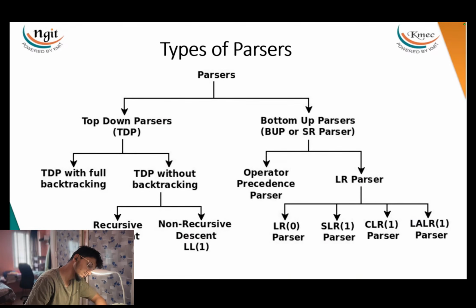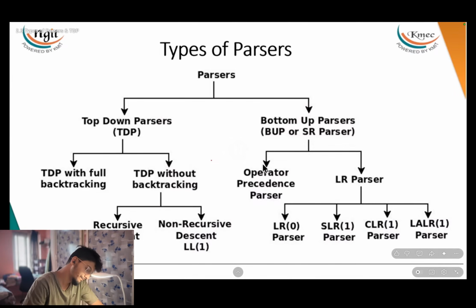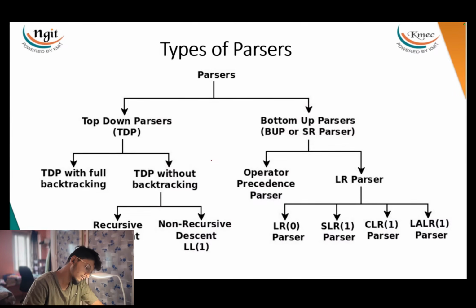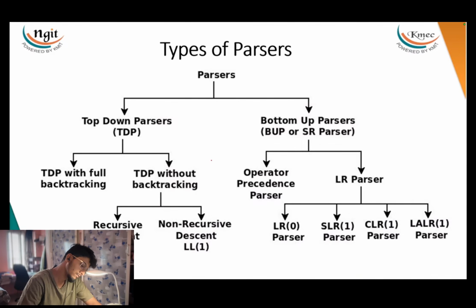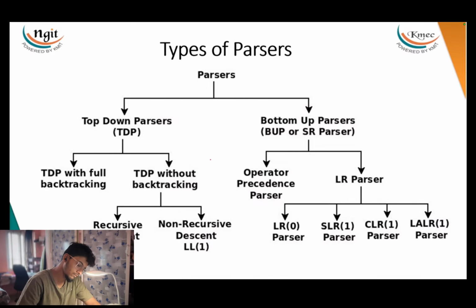So the main intention of every parser is to check whether a statement is syntactically correct or not. The intention of every parser is to generate the parse tree from the predefined grammar, even though the grammar is represented in different forms.